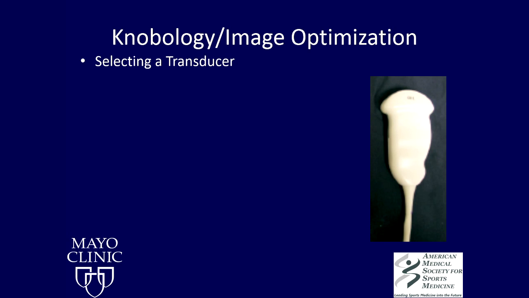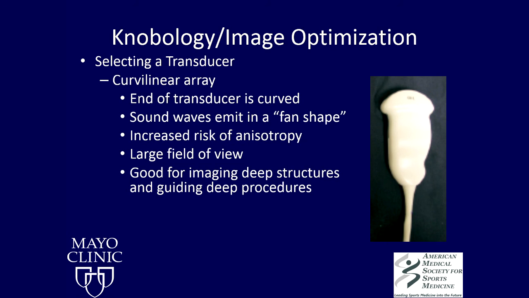Another type of transducer end is a curvilinear array transducer. So here you can see the curvilinear array transducer. It sends out a fan-shaped array of sound waves. So they go out to the side, they go out the front, and then they go out to the side here. So that gives you a larger field of view. It's really good for deep structures.